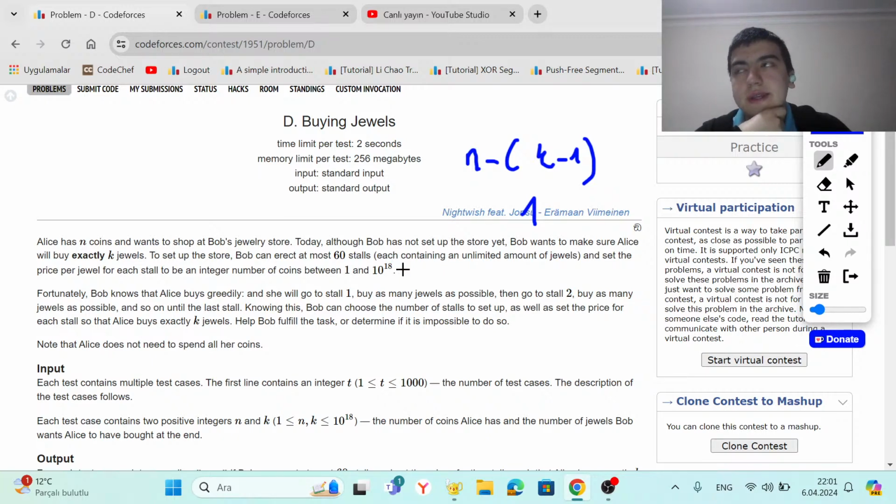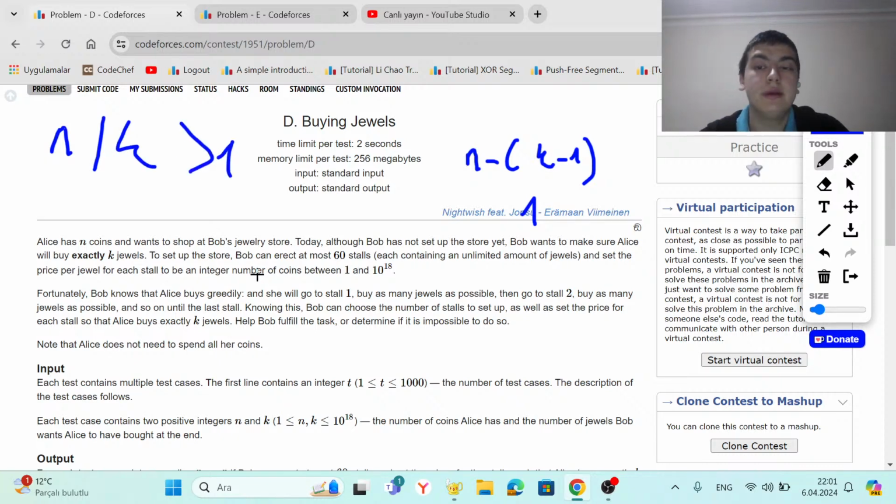I don't have any certain proof, but say that if n divided by k is greater than 1, you can use exactly n divided by k, because it will give a result greater than 1.